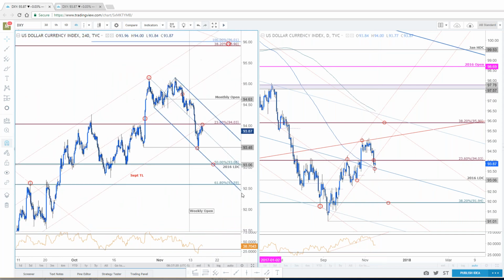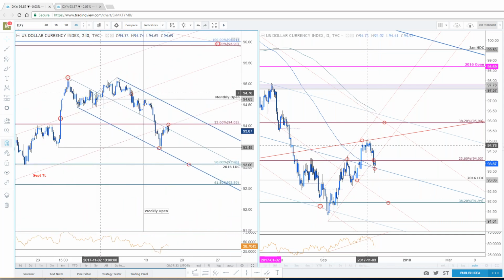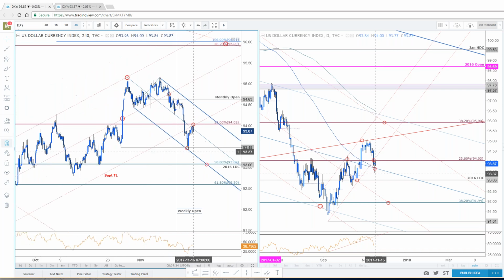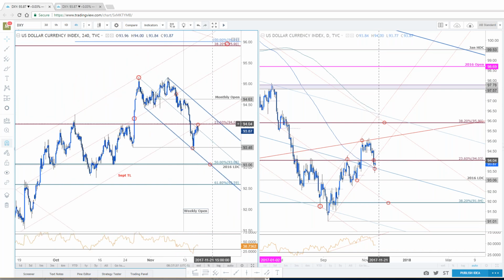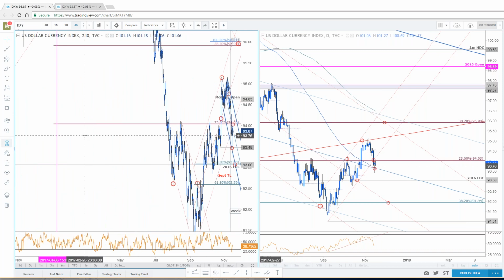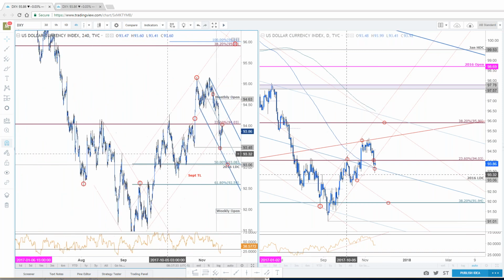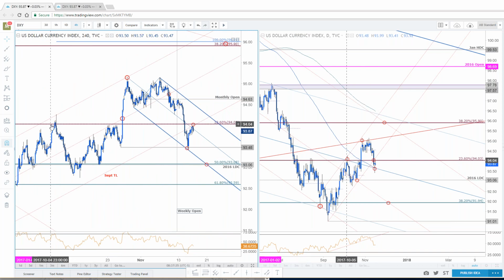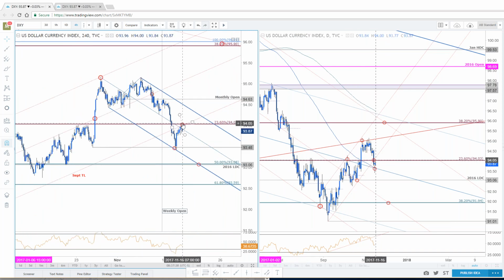Just the cherry on top is that you have the median line there as well. Basic 23.6 of the entire advance, or excuse me, this is off the decline from the 2017 December high. Some former swing highs, nice little area of resistance.